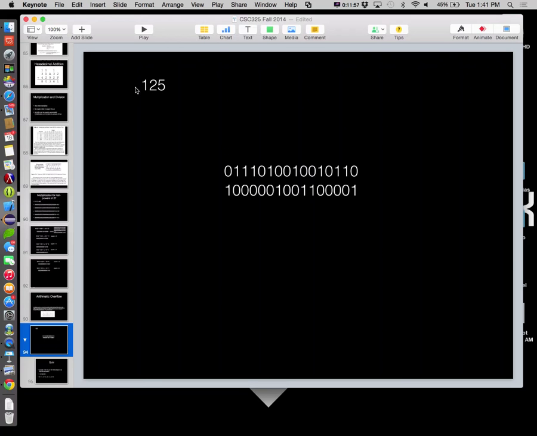Okay, so the nibble associated with the binary number 1, the nibble associated with the binary number 2, and the nibble associated with the binary number 5. Okay, so these are broken down into fourths, correct? That's a number, that's a number, that's a number.